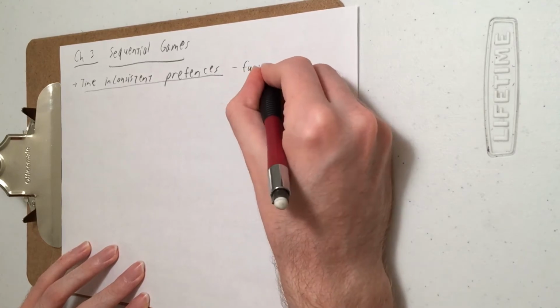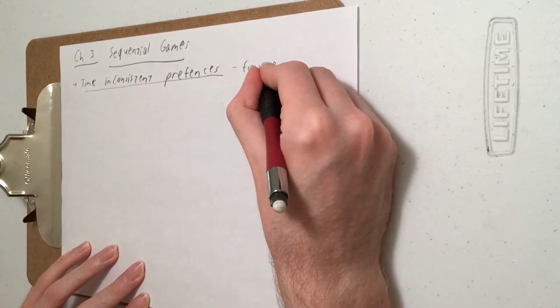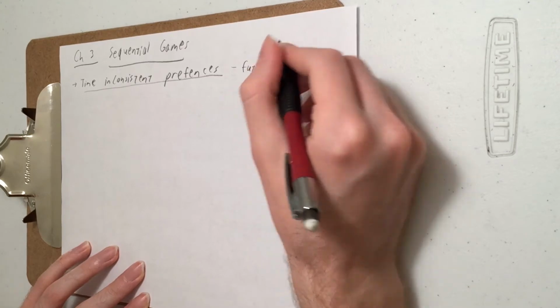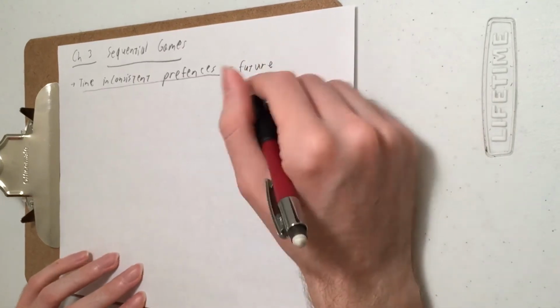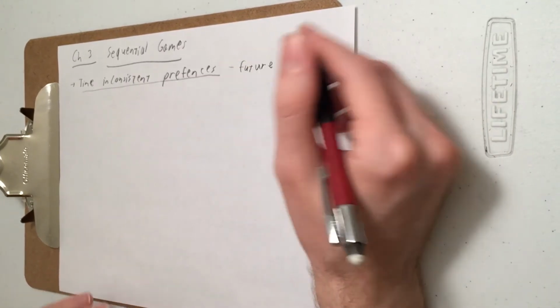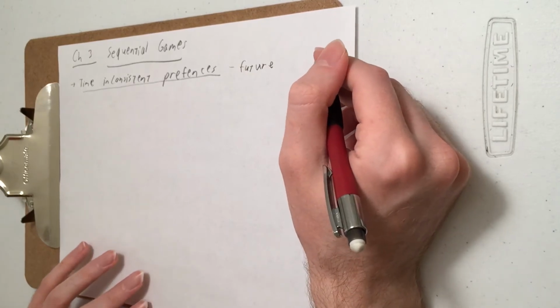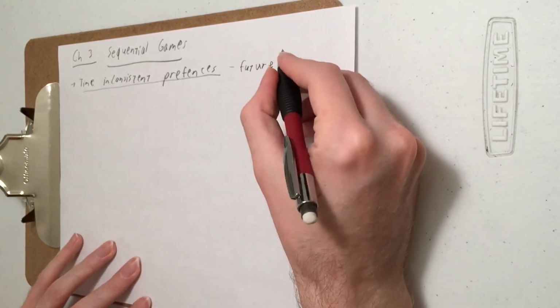So the way you model these kinds of situations is as a game between multiple versions of yourself. There is today's self making the plan, and there's tomorrow's self, which might or might not follow it.